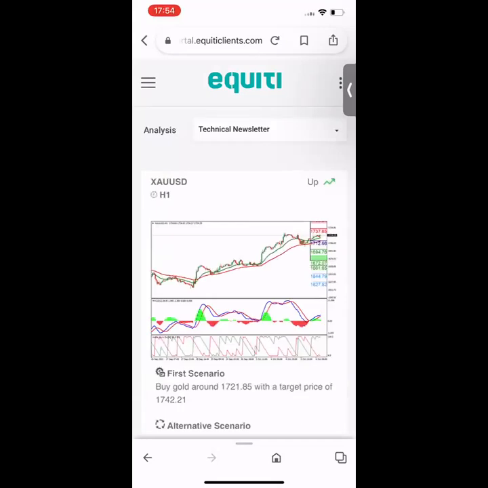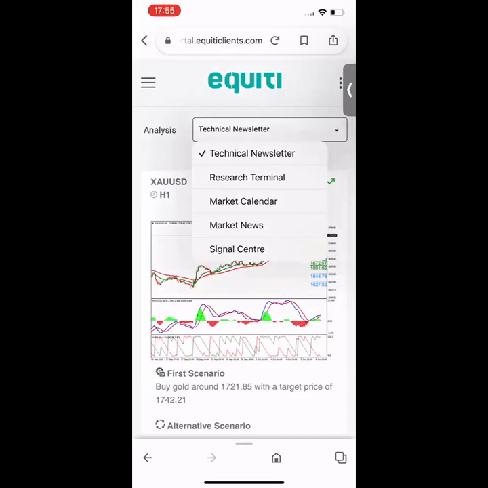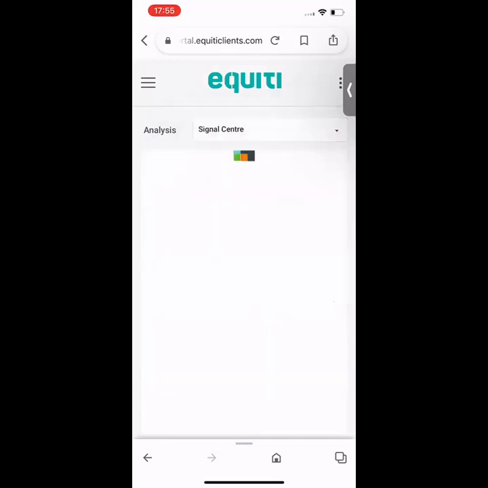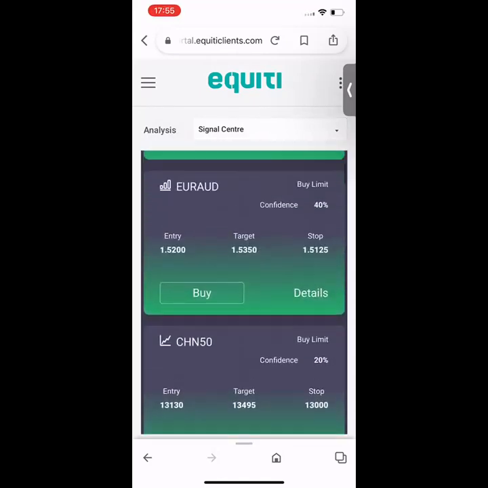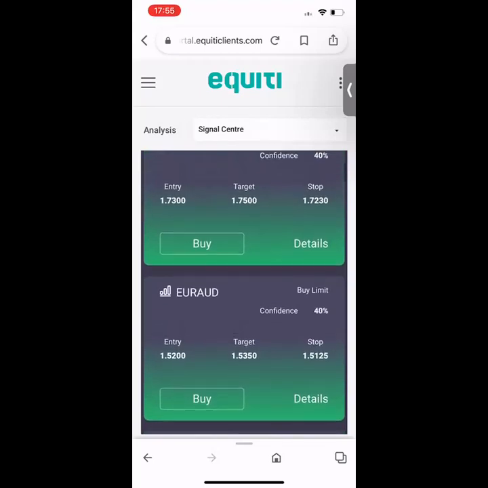Of course, we want the signal center, not the technical newsletter. So I'm going to click on this technical newsletter here, and I will be able to see all the software that is available: the research terminal, market calendar, market news, or the signal center. I'm going to click on the signal center, and it pops up. I'll also walk you through the features of the signal center.